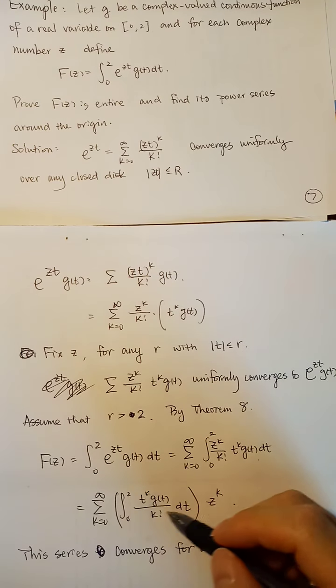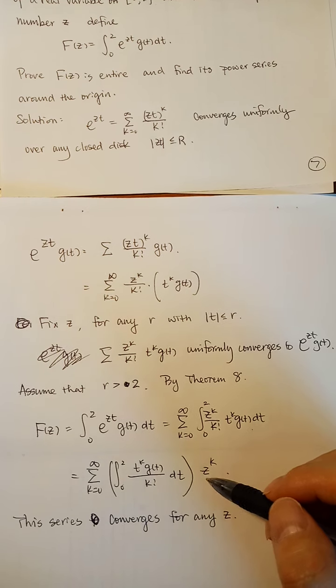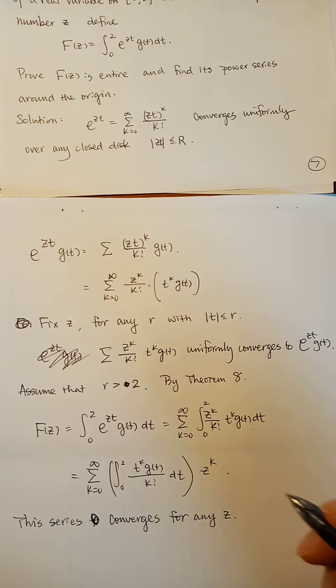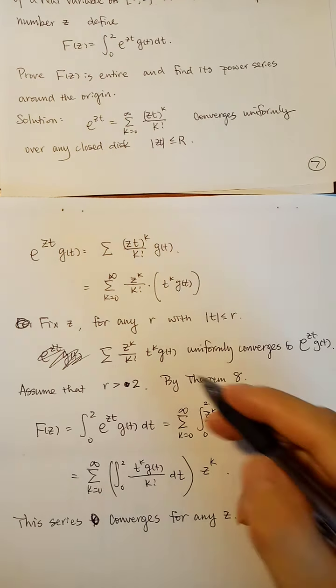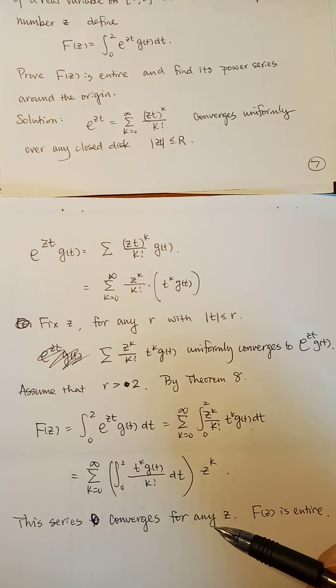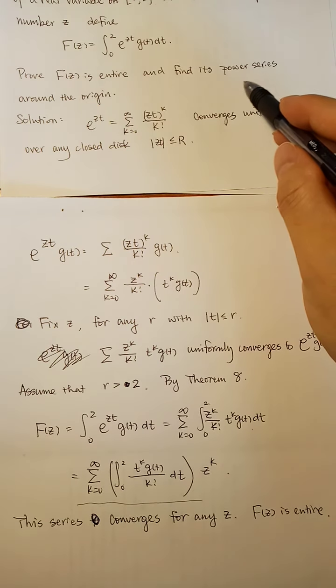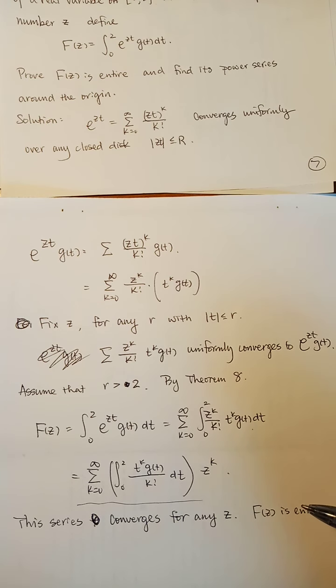The convergence depends on the t part. It does not depend on the z part. So it converges for all z. So f is entire. And also we find the Maclaurin series for this entire function. This is the Maclaurin series, or the Taylor series, power series representation.